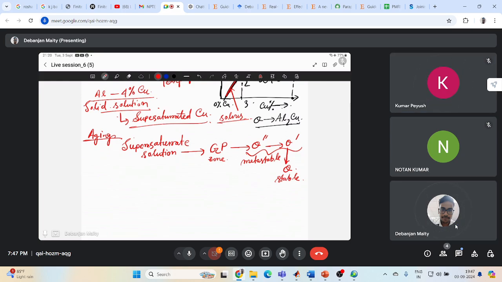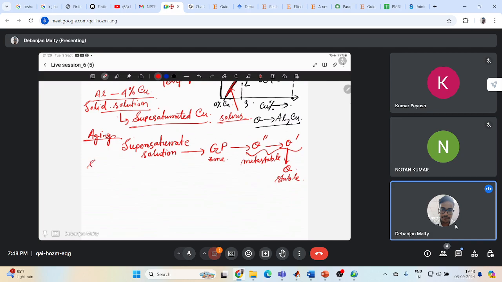Okay, so you see in the GP zones, when they will be richer in copper than the solid solution, the concentration of copper will be much higher than in the supersaturated solid solution. The crystal lattice will be strained around that GP zone. So the strain field associated with the GP zone will be very high.